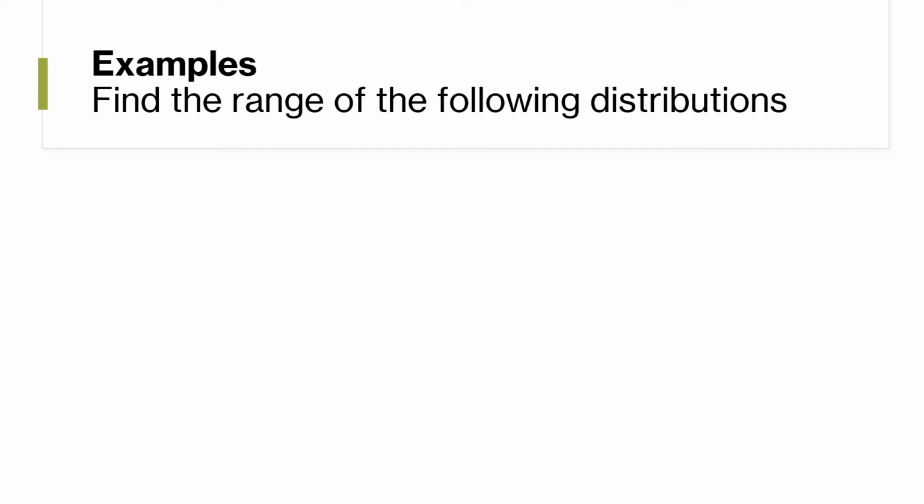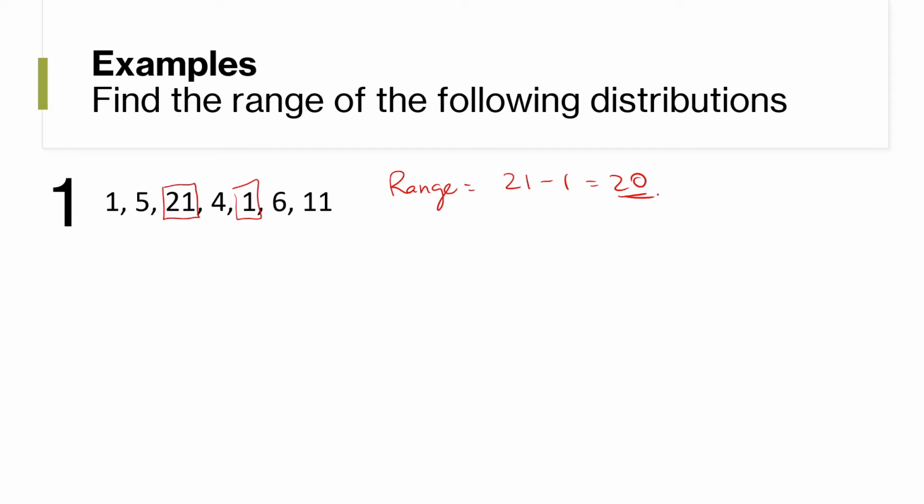Let's do some examples. In the first problem, the distribution is 1, 5, 21, 4, 1, 6, 11. We can easily spot that the maximum number is 21 and the minimum number is 1. So range is equal to 21 minus 1, which is 20.